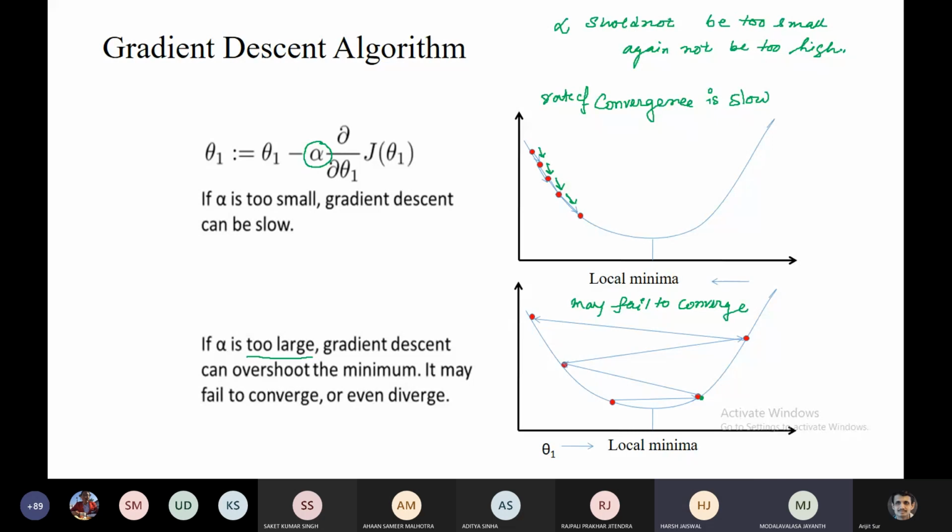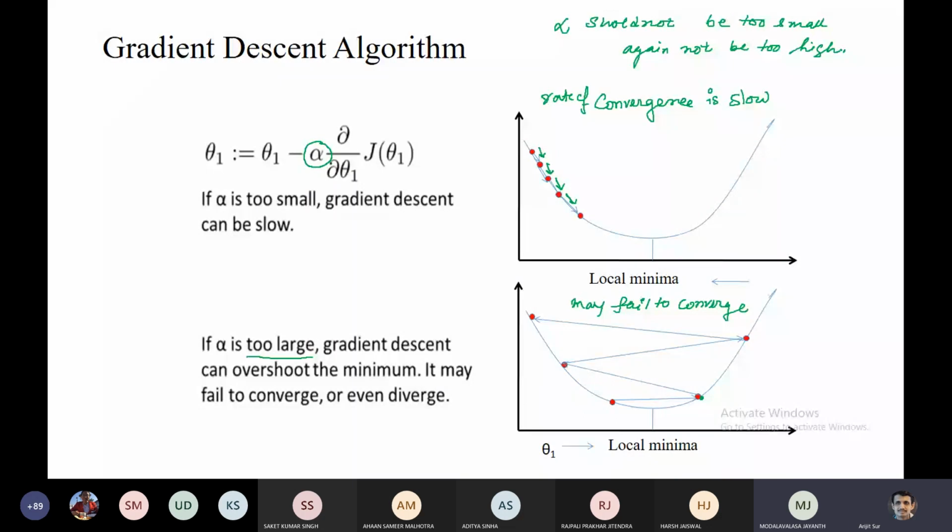Why do you say that our algorithm is bad if it is learning so fast? Just now you said that if alpha is too large, that means if our algorithm is too good, then we might never reach the local minima.